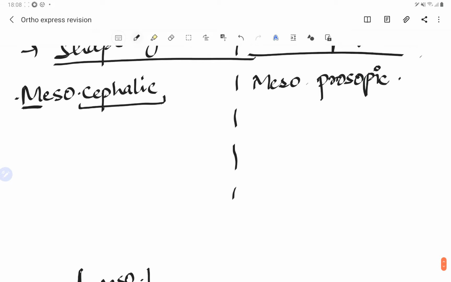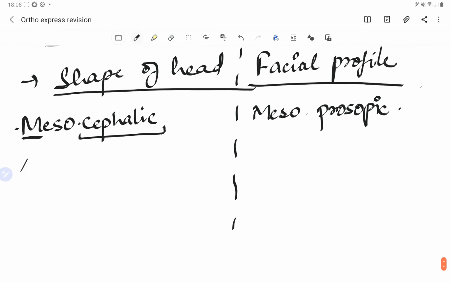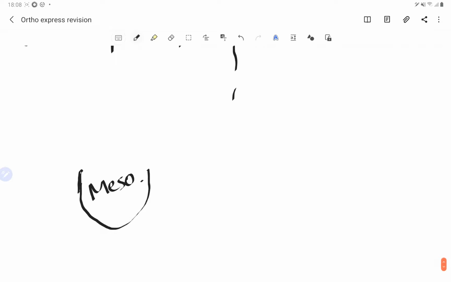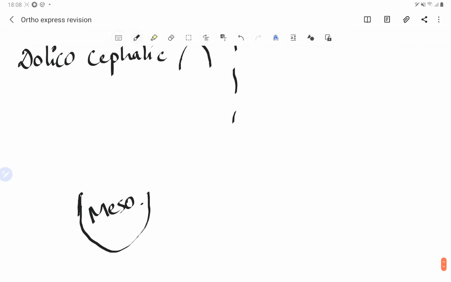Then guys, we have the word dolicho. Dolichocephalic means long and narrow head. This is the average head, and here we have the long and narrow head. This is the meso again.